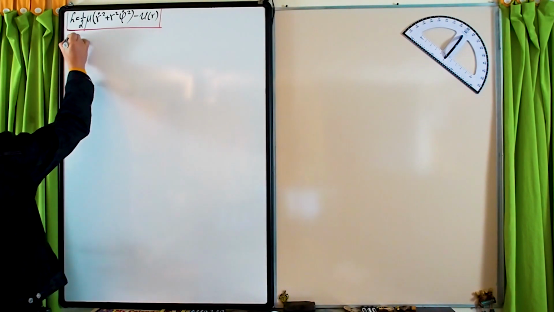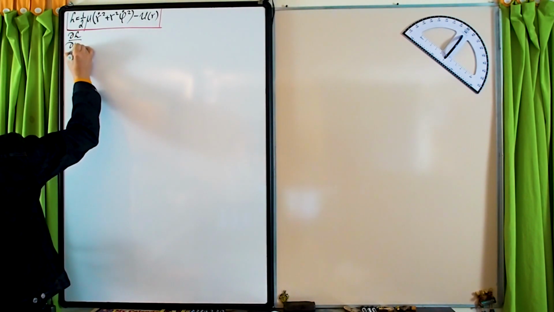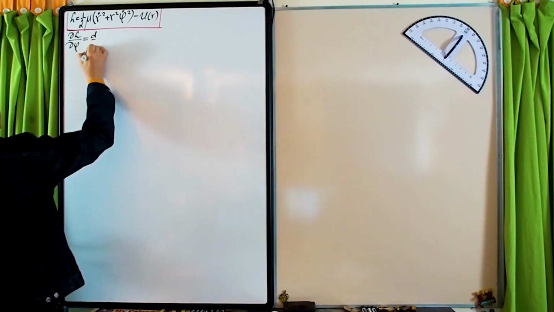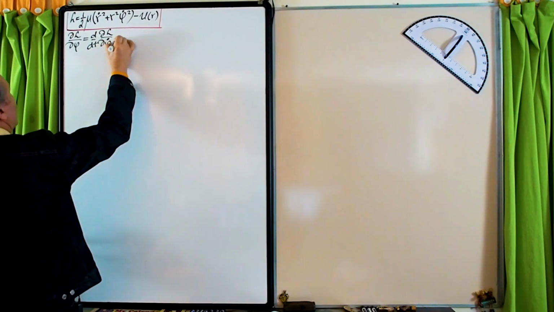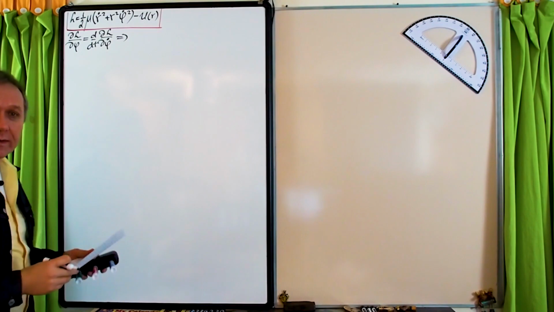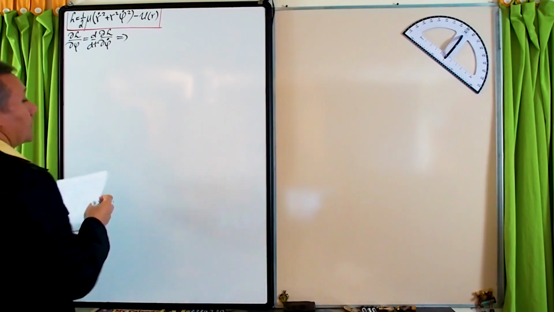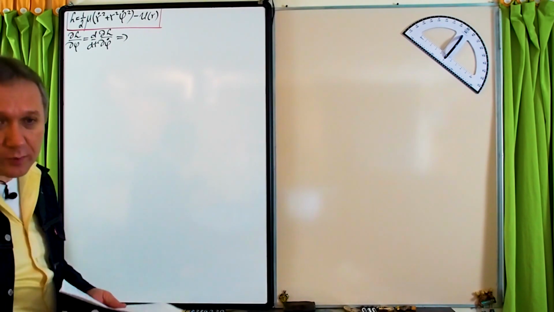So first Lagrange equation. We wrote down dL over d phi equals d over dt of the partial derivative of L with respect to phi dot, and of course, phi is cyclic, so the corresponding generalized momentum, in this case angular momentum, was conserved.